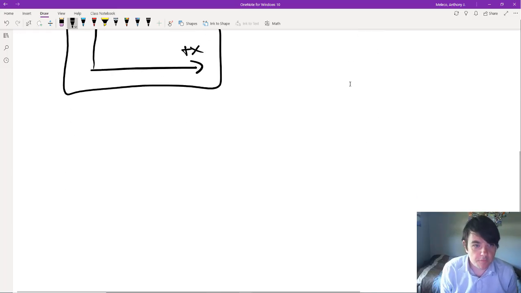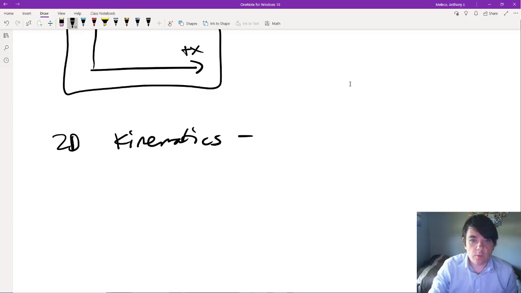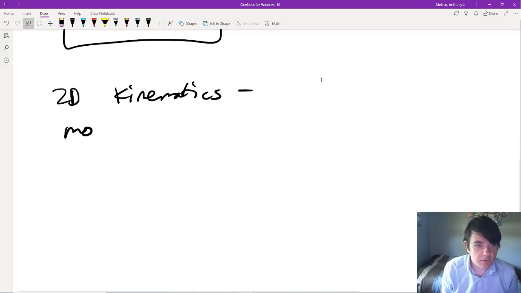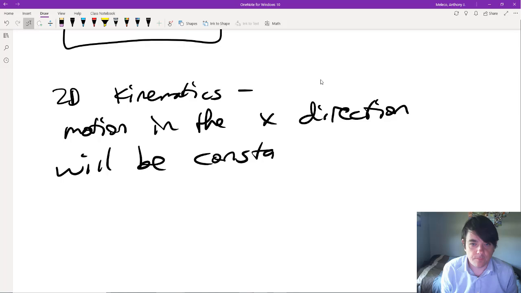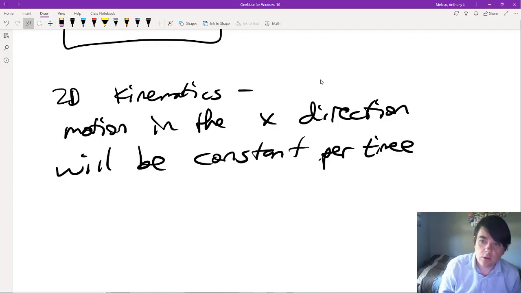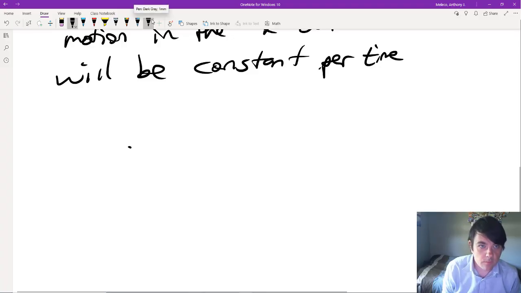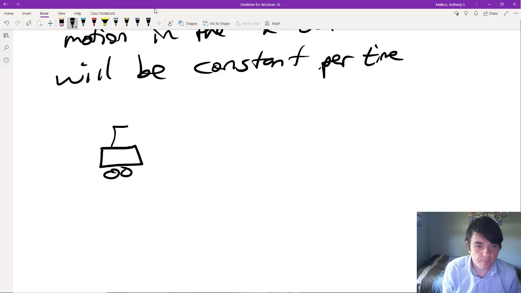So how this will work for us for 2D kinematics is motion in the x direction will be constant per time. We are going to be examining things that move left to right constantly, like a car driving constantly with time.